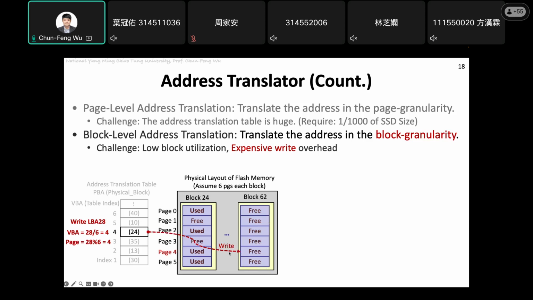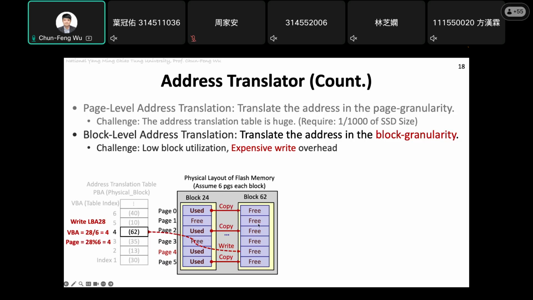At block level this is quite tricky because we don't have page information. So what we can do is directly write the new data for LBA 20 to the same location, the 4th page in block 62. After that, because we can only maintain block level information, we should move all the used pages in block 24 to block 62.